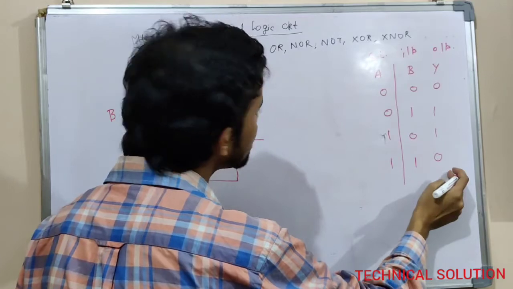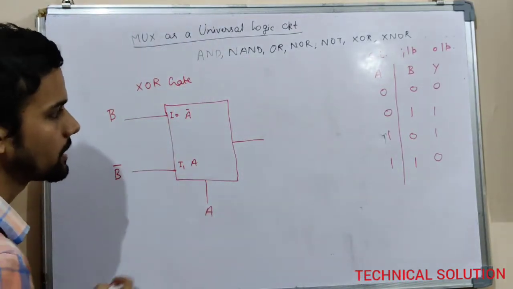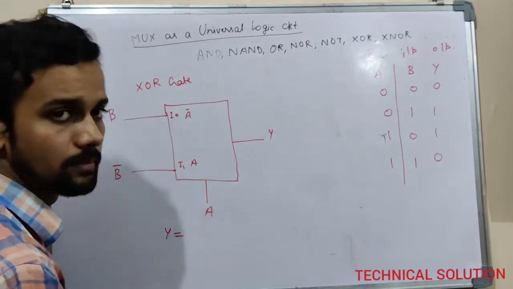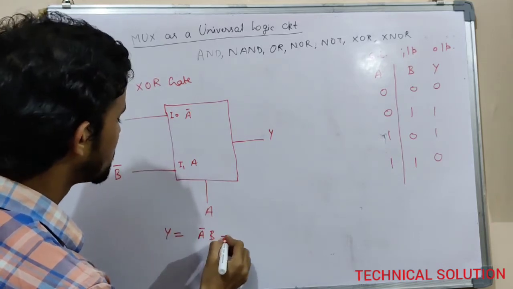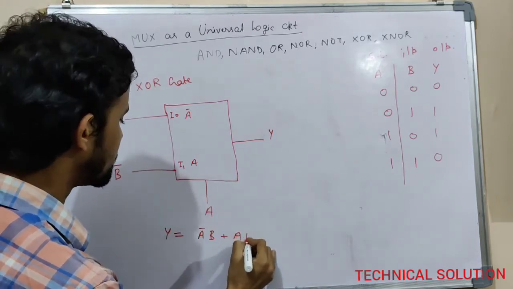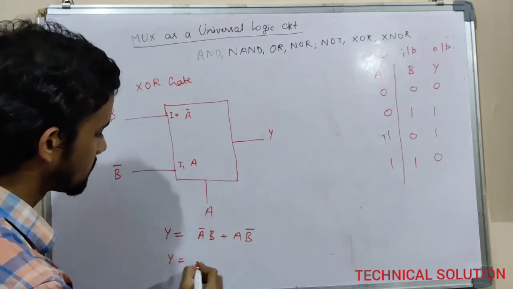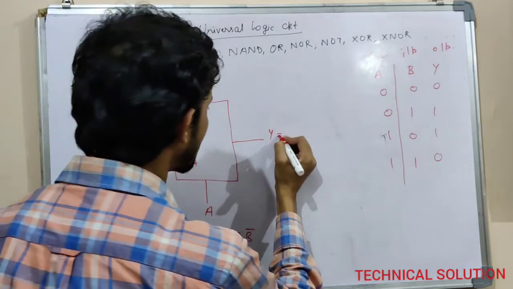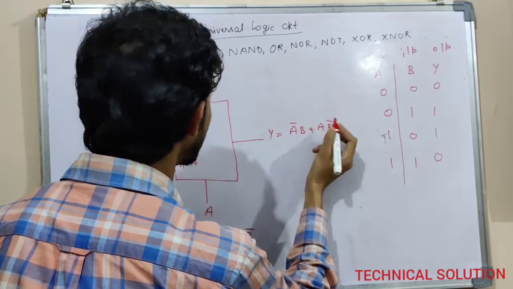If it is 1, we get 0. So here we assign B complement. Okay, if we write the expression for this multiplexer, we get Y equals A bar B plus A B bar. This is the expression for the XOR gate, A XOR B.